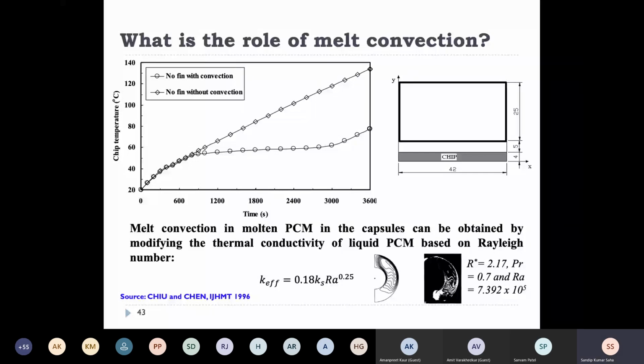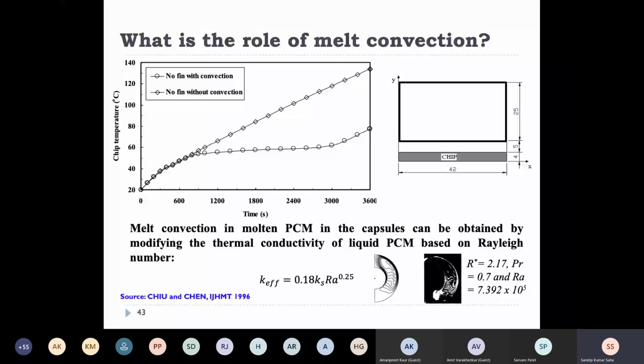If you introduce convection, it will actually stabilize the temperature more compared to the situation where you don't take convection into consideration. So melt convection in the PCM is important. You have to take it into consideration.